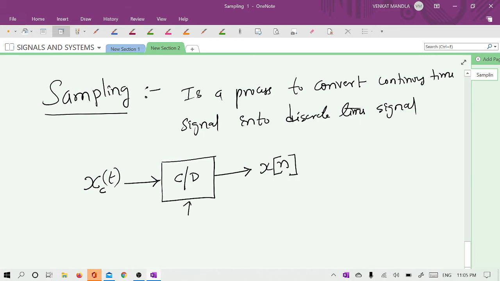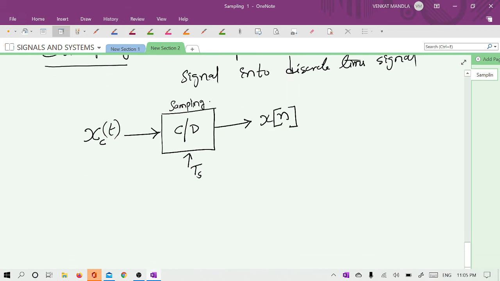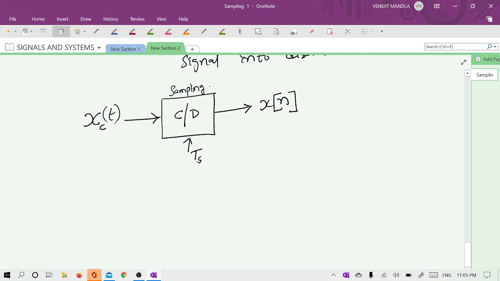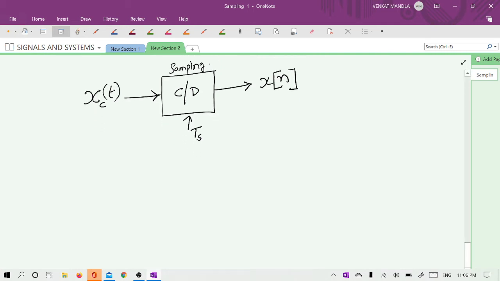This block will convert the continuous time signal to a discrete time signal. This is called the sampling block. So this has a parameter Ts, which is the sampling period, sampling duration. Okay. So what I have to do?